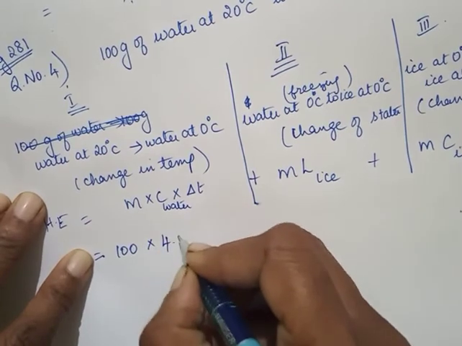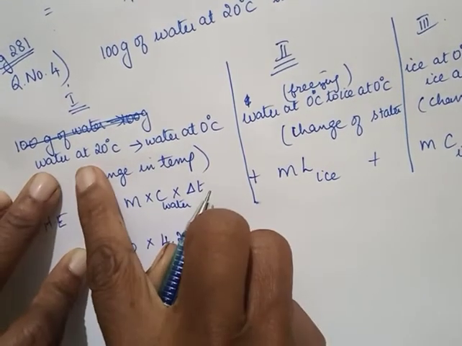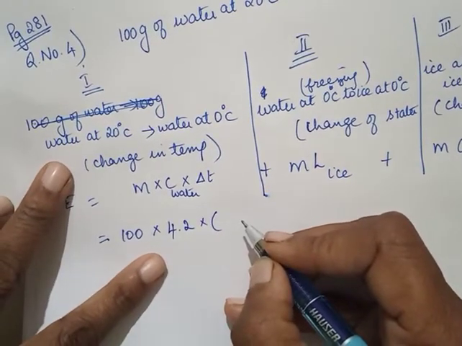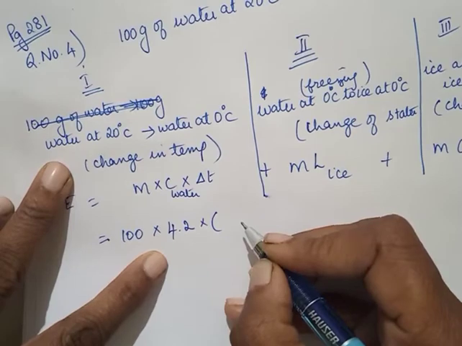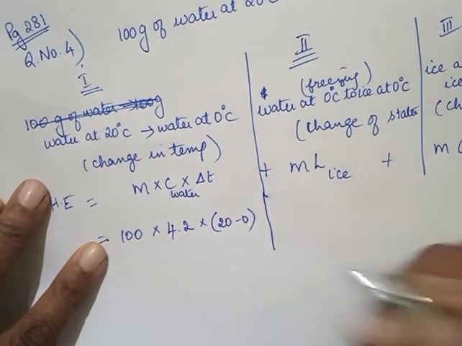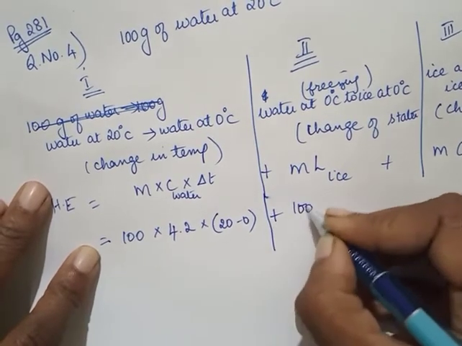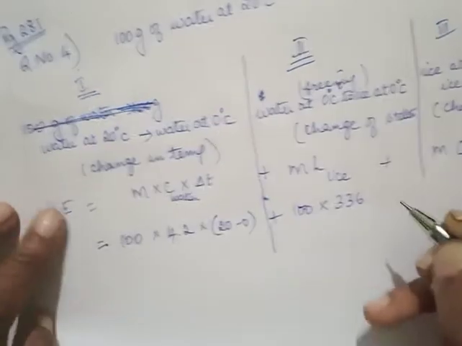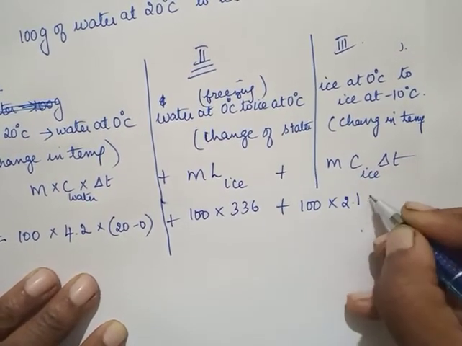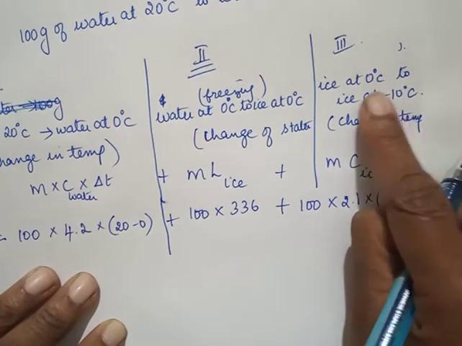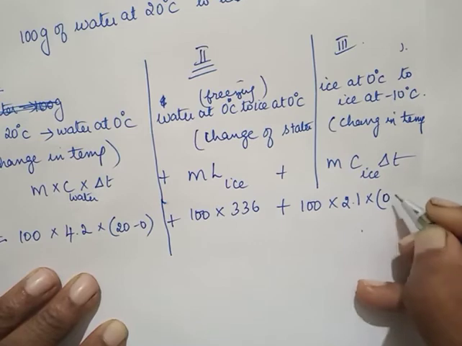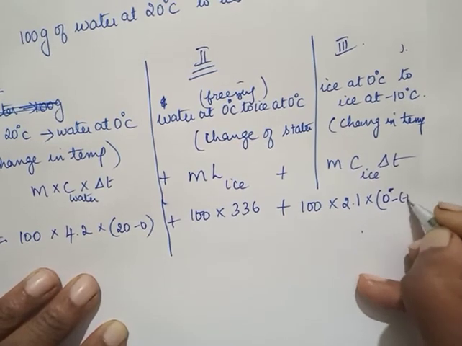C of water is 4.2, and del T is water at 20 to water at 0, so 20 minus 0. Then plus 100 into L of ice, 336, plus 100 into C of ice, 2.1, into again from 0 it has to go to -10, so 0 minus (-10).